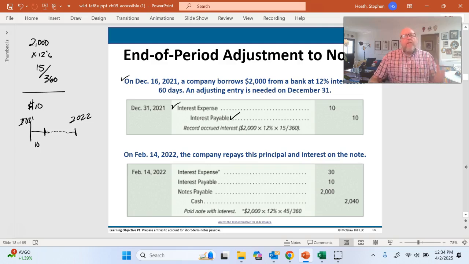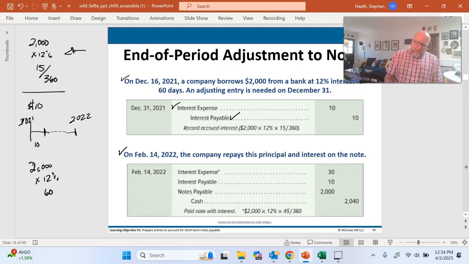All right. Then 60 days goes by since we borrowed the money on December 16th, and now we're ready to pay. And so, man, the first thing we have to do is figure out how much are we actually paying. So we have to kind of do this calculation again, but now we have to do it for the full amount because that's really what we have to pay. So I would do 2,000 times that 12% for the entire year.